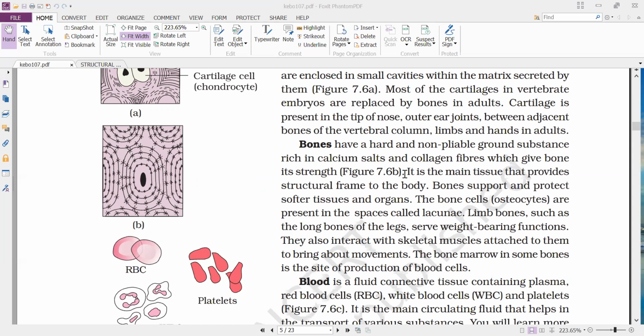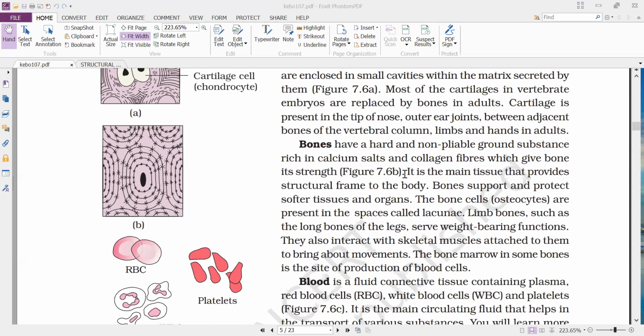When you observe, cartilage will resist the strength, but bones are very hard. If any force is applied, they will break.